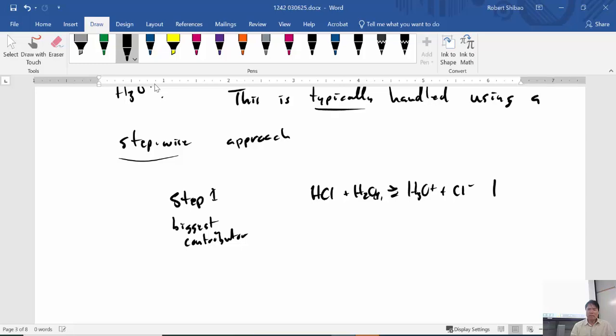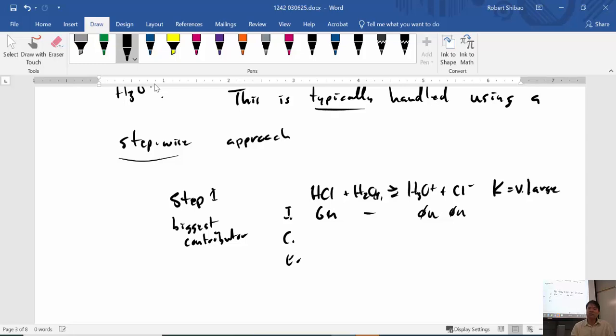We're just going to call K very large. Initially, we'll do dilute HCl and start off at 6 molar. Water is a pure liquid. We're going to go 0 molar here and 0 molar here. And then there's going to be a change.